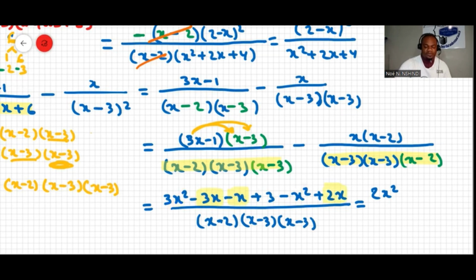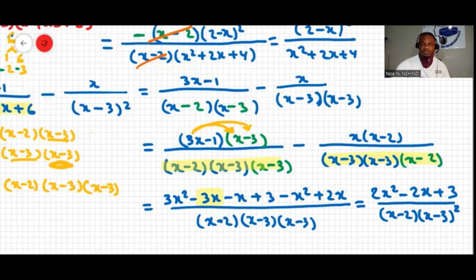All this makes -2x, and then we are left with the constant term +3, all over x minus 2, x minus 3, and then x minus 3. I can also put squared here because we already factorized. These two make x minus 3 to the power of 2.